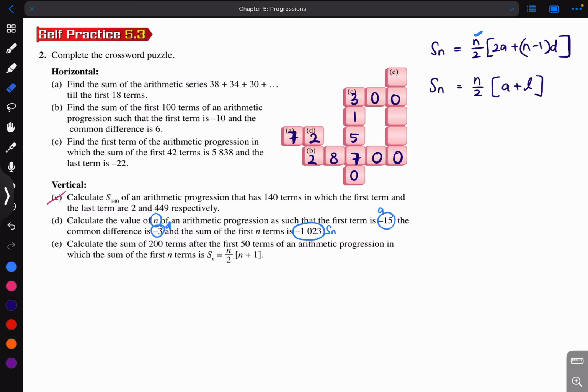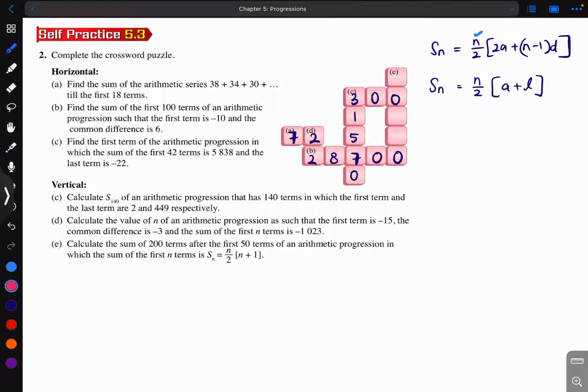Alright, let's look at the last one. Okay, calculate the sum of 200 terms after the first 50 terms of an arithmetic progression in which the sum of the first n terms is this one.